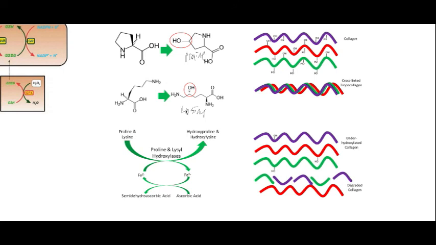And this is done using semi-dehydroascorbic acid and ascorbic acid, using iron as well, so iron 2 plus and iron 3 plus. So this is redox, and that is adding onto proline and lysine these hydroxyl groups here.